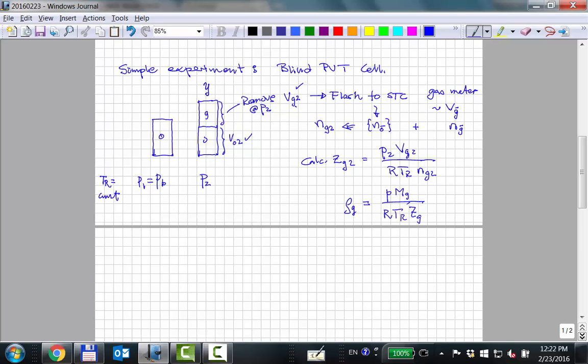So either with the composition, in which case you just average out the molecular weight of the gas using the component molecular weights, or they could actually physically measure the molecular weight.